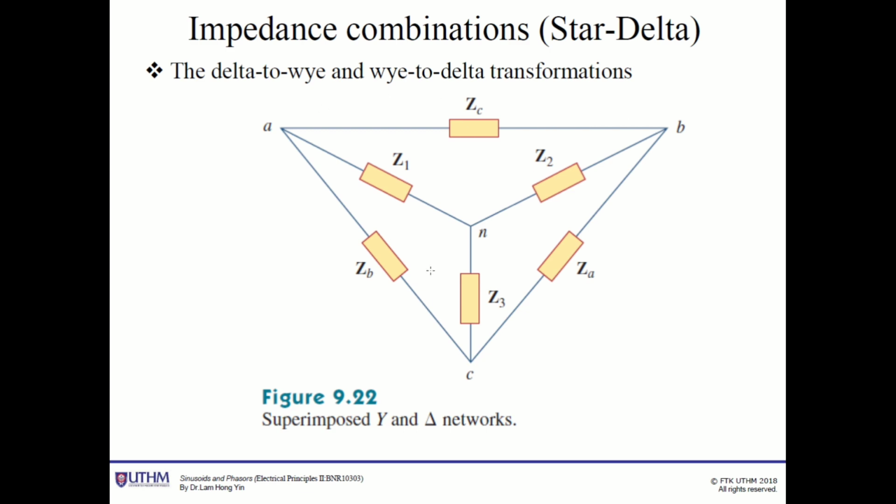So we can change from this kind of circuit, a triangle circuit, to a Y-shaped circuit. This is basically important to simplify our circuit analysis. So how do we change from delta to Y or from Y to delta?